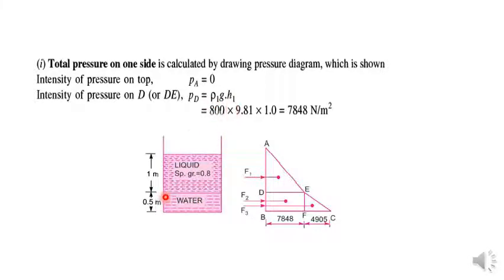H1 is the height of this liquid placed above the water. Here you have 800 as the density of the liquid, and 1 meter as its height. So it comes out to be 7848 Newton per meter square. So this DE ordinate will give you the pressure intensity equal to 7848 Newton per meter square.